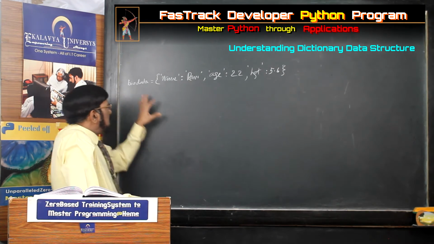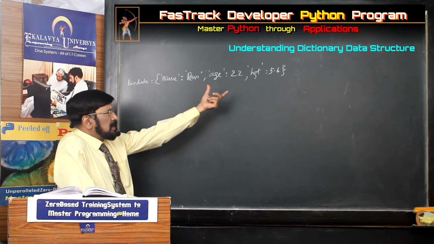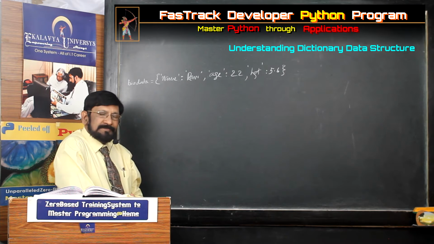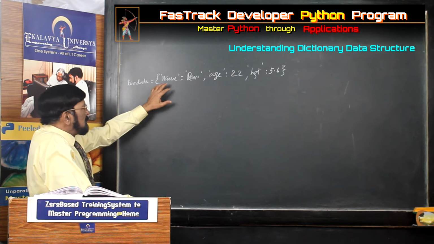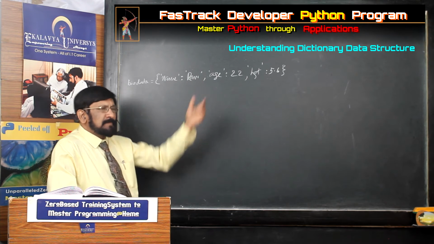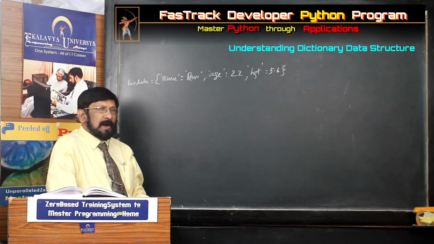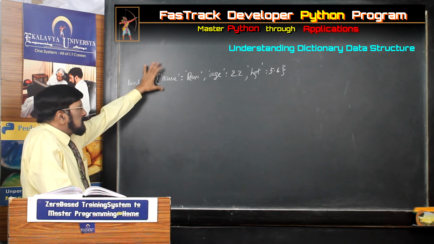In this, we have created a dictionary data structure with three items. That means every item is a key and value pair. In this way, any number of items you can give. You have every freedom to give it, and this is the way we can create a dictionary.